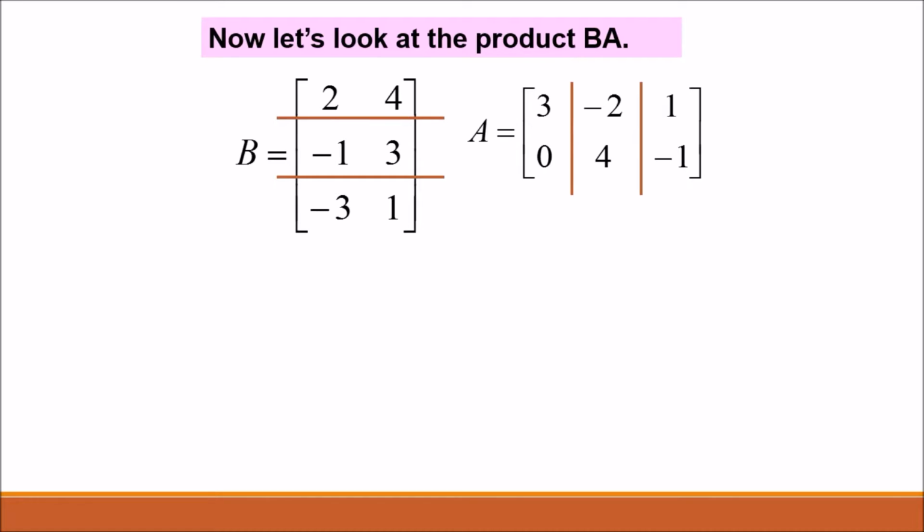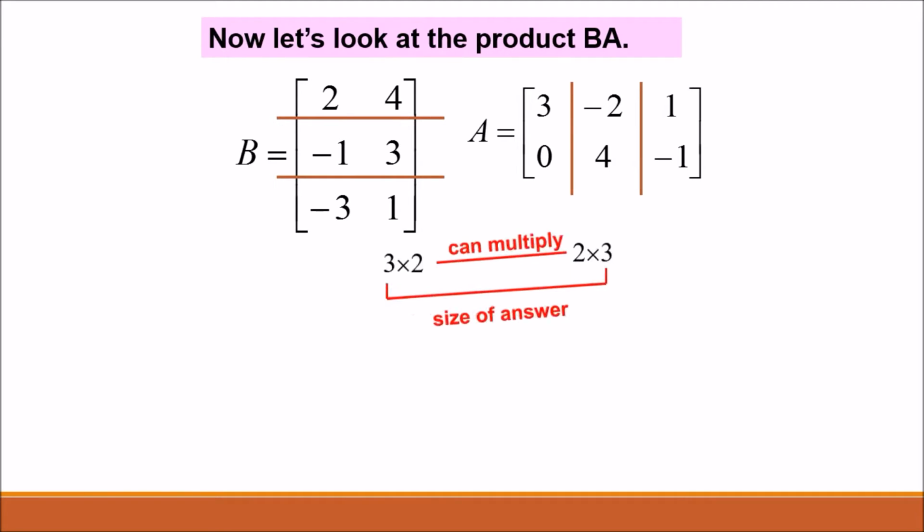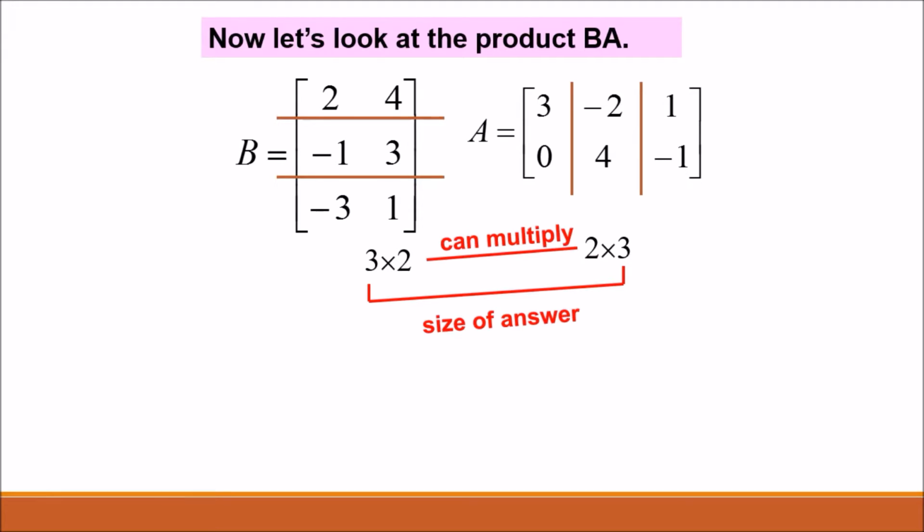Yes, we can, because the number of columns of matrix B is equal to the number of rows of matrix A. You can see we can multiply because B has 2 columns and A has 2 rows also. And in advance we are aware that the size of the answer will be 3 by 3.